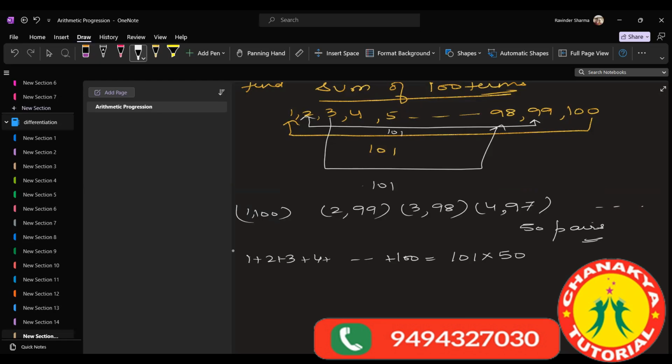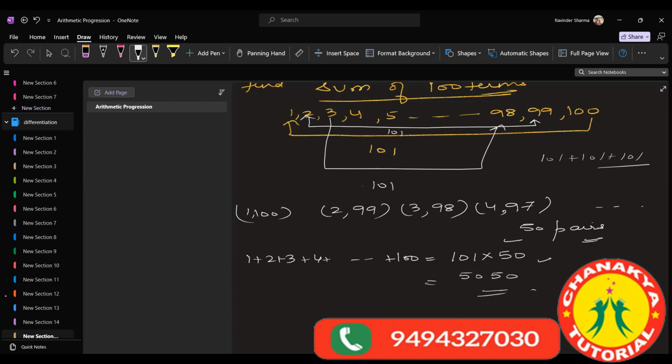Right, beta? So 50 pairs are there. Instead of adding 101 fifty times, you can just multiply 101 by 50. Children, please reply. Yes, ma'am. The sum will be 5050.